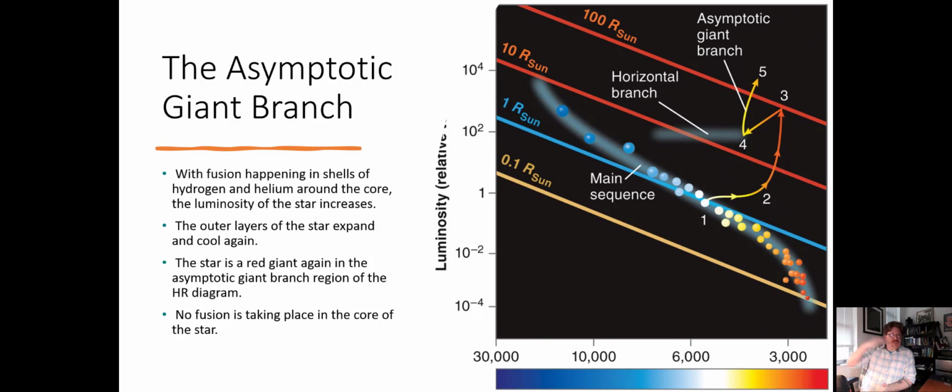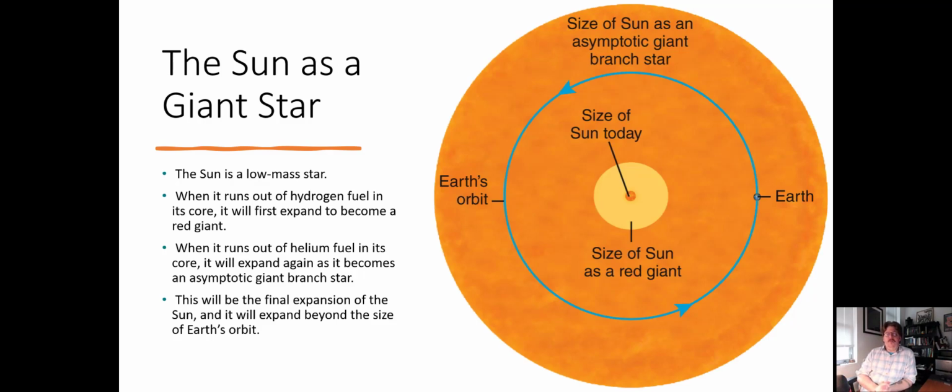And it will essentially, if we look at the HR diagram, yet again, the temperature will decrease fairly minorly, I guess, if that's the right word, and the radius will get much larger. In fact, the Earth will be gone ultimately.